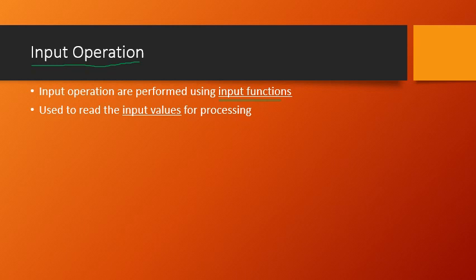In the output, we studied that the output will be displayed on the standard output device, which was the monitor. But for the input operation, how are we going to provide the input values? Which is the standard input device? The standard input device is the keyboard.